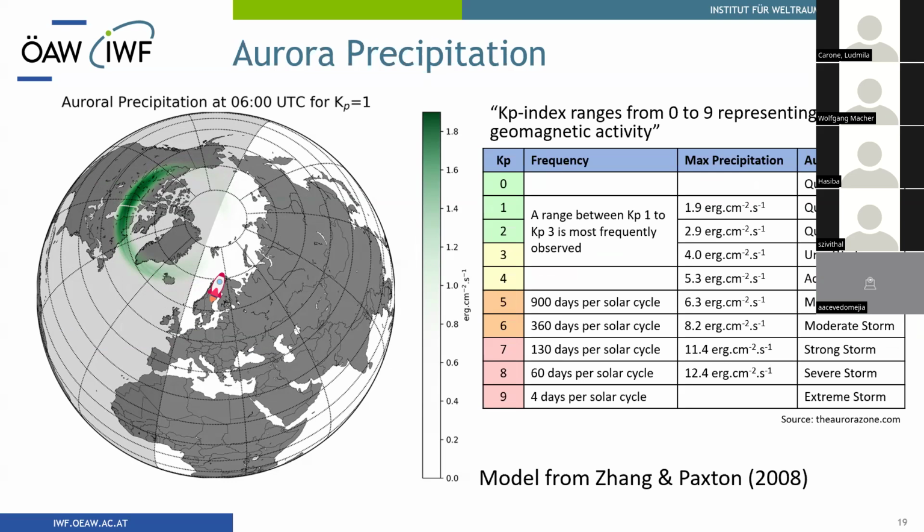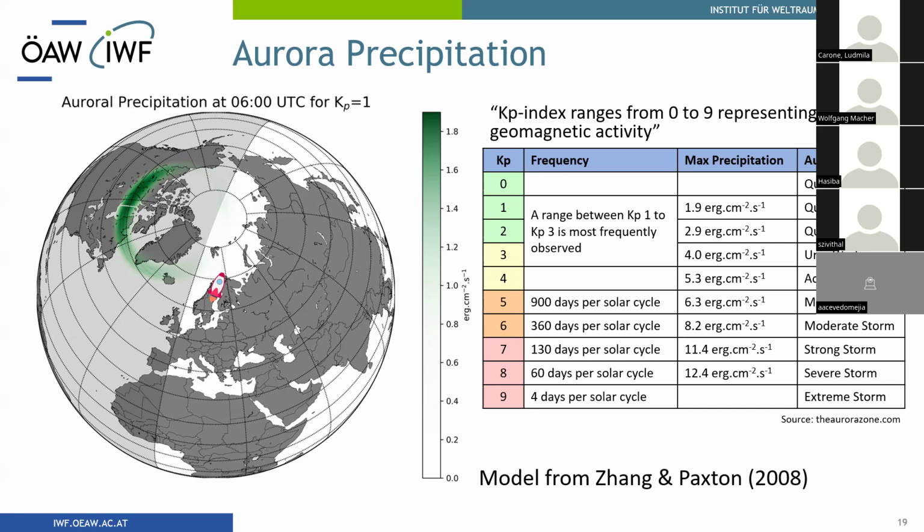A Kp index of 0 to 3 is when you don't have much of a storm, so quiet conditions. And then as you go higher in number, the precipitation rate increases, and then you start to get strong aurora. So this is how it is, and you can model this. So there are models which place the oval with the right precipitation. Of course, in practice, the oval is not as nice as this, not as smooth.